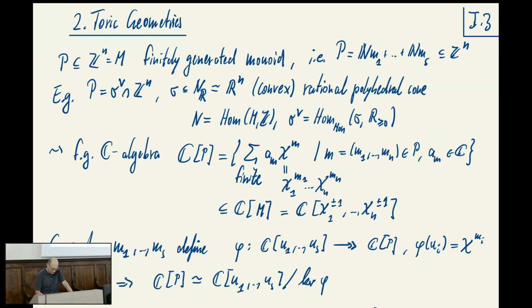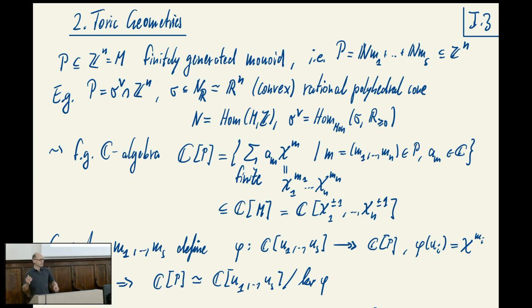And so then you can build an algebra from this P that I write C[P], the monoid algebra, similar to the group algebra that you would obtain when P is a group. So you take finite linear combinations of some dummy variable chi with exponents in this monoid P. So quite explicitly, you could write this as chi^{m_1}, ..., chi^{m_n}, if your monoid P is a finitely generated submonoid of Z^n.